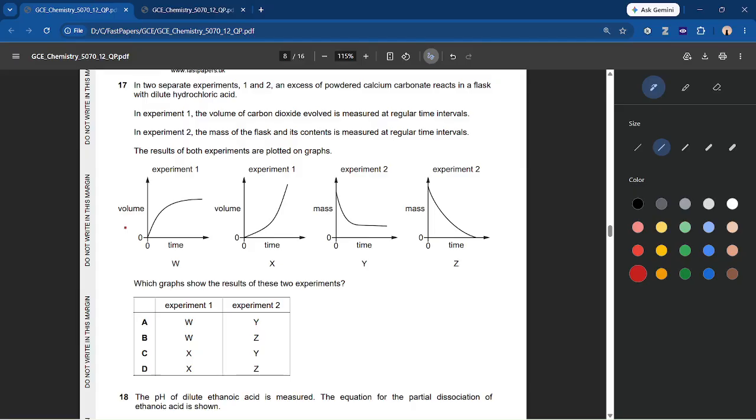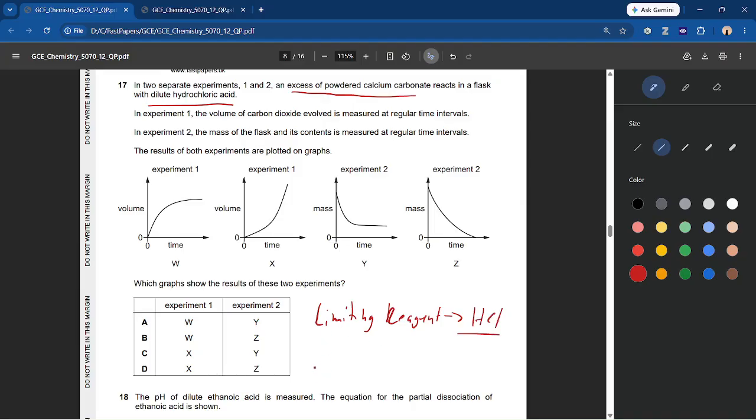Excess of powdered calcium carbonate reacts in a flask with dilute hydrochloric acid. The volume of carbon dioxide evolved is measured at regular times for experiment 1. So obviously, we have an excess of powdered calcium carbonate, so the limiting reagent is HCl.